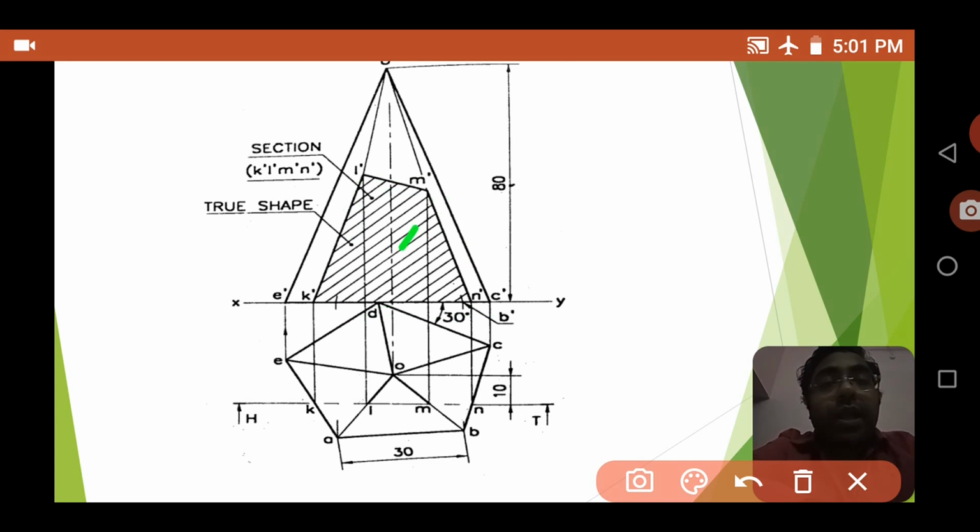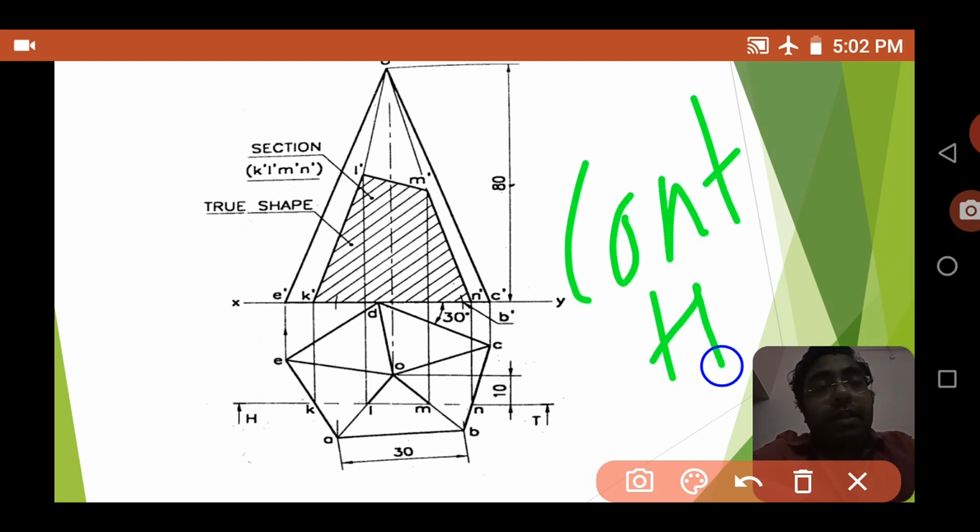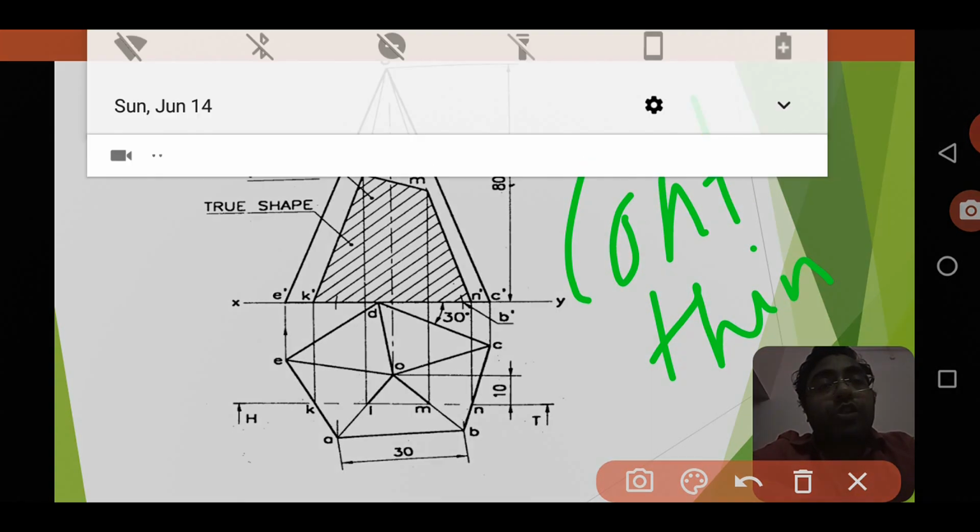These hashed lines are continuous thin lines, 2 to 3 mm apart, making an angle of around 45 degrees. You have to draw continuous thin lines, that is hashed lines.